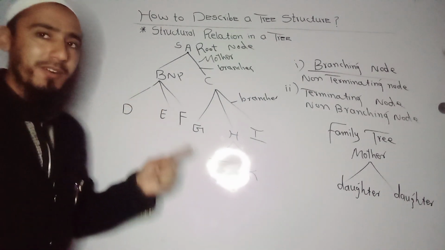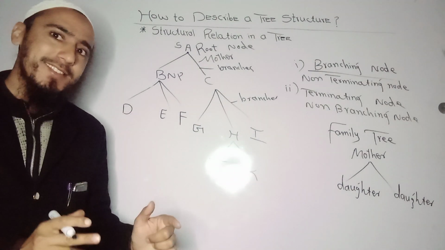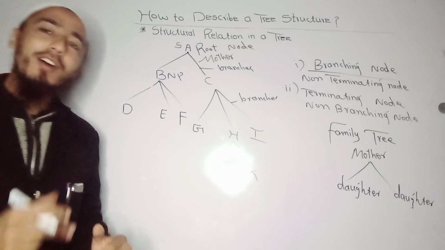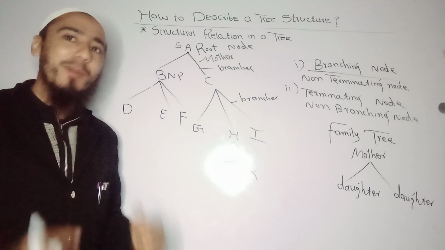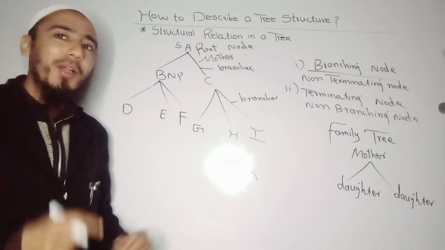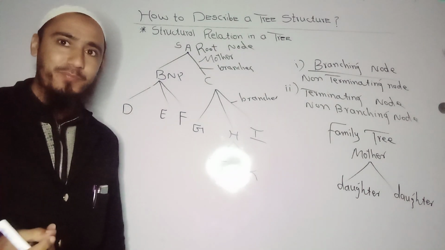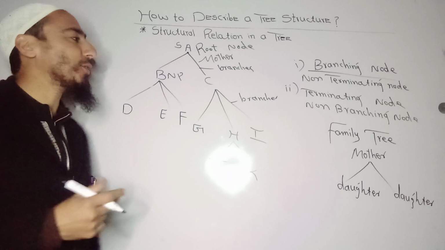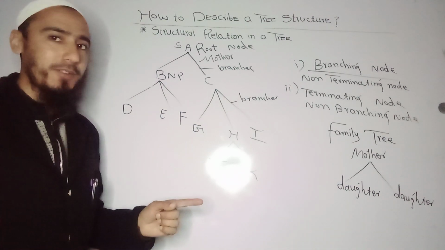Now, remember another point. Whenever a node has 2 branches, we call it a binary node, binary branches. And a node which has only one node, which contains one node, we call it a unary node.